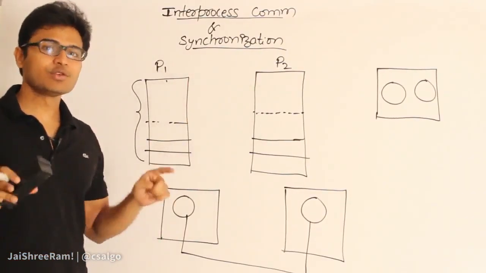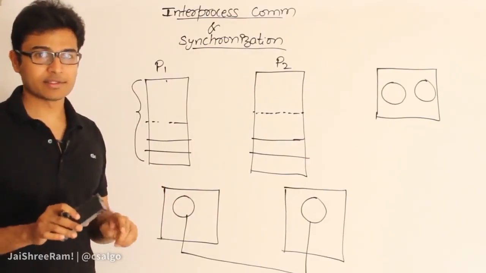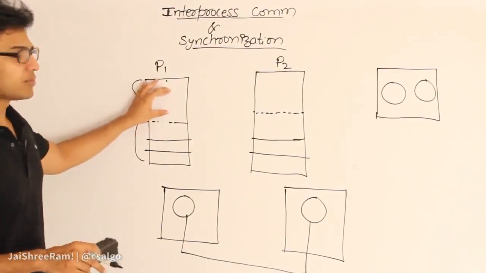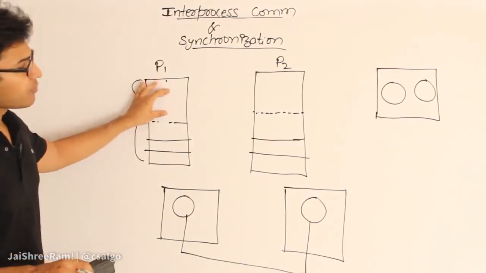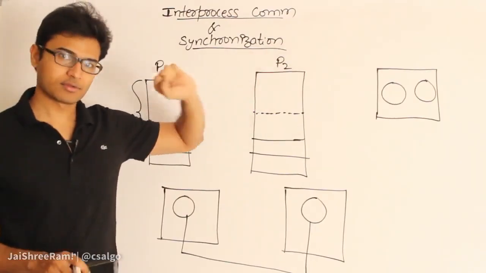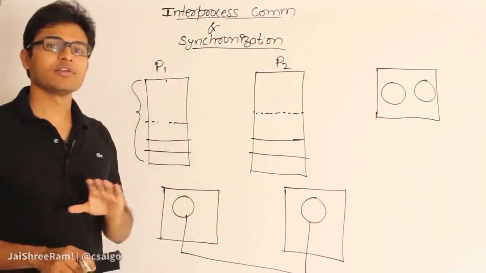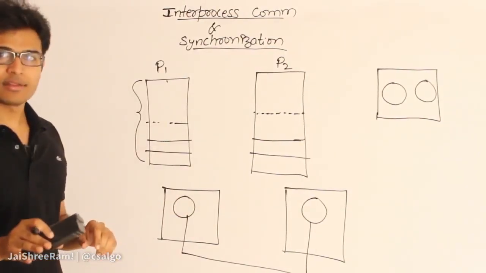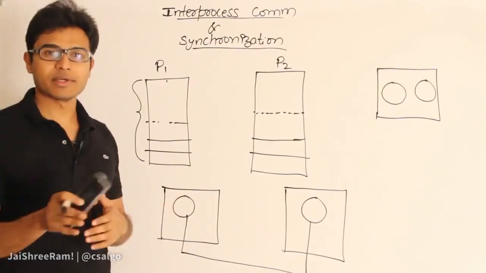Now when these two processes are running simultaneously, it will be a problem. Again, P1 will produce some output and P2 will take that output as input and produce the final output. And it occurs in many places. If I have such a task, then both are cooperating to complete something.